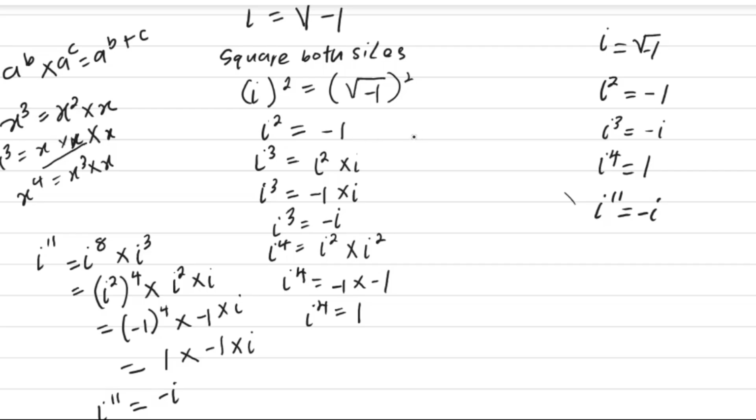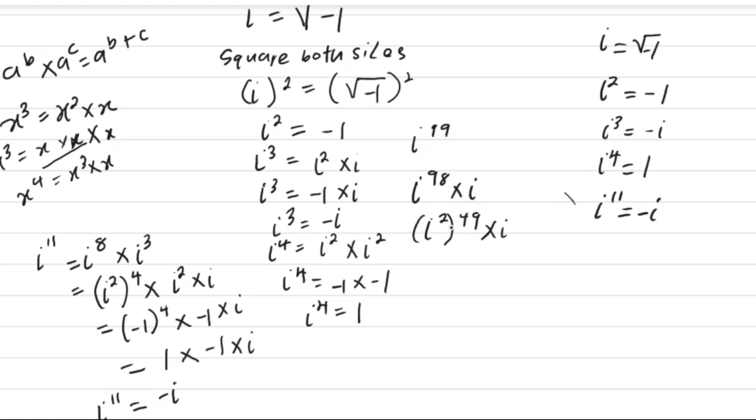For example, let's say you have i raised to power 99. i raised to power 99 is the same thing as i raised to power 98 times i raised to power 1. So i raised to power 98 is i raised to power 2, everything raised to power 49, times i. With this, you'll be able to break down your powers of i depending on what you are given.